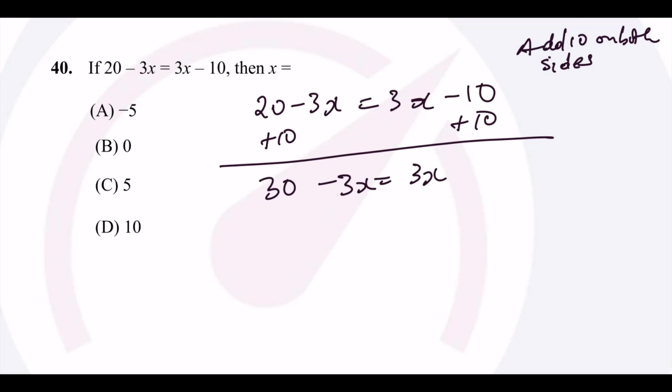So hence we can go ahead and group our x's. So we can do what now? Add 3x to both sides of the equation. So we add 3x to both sides.